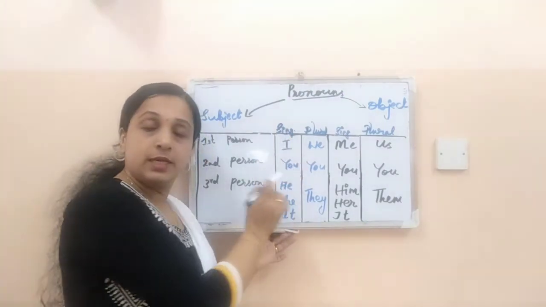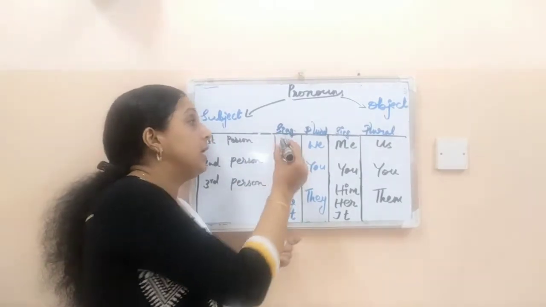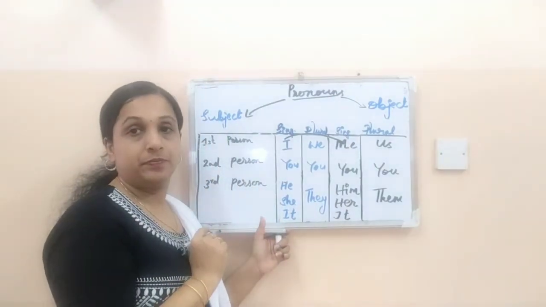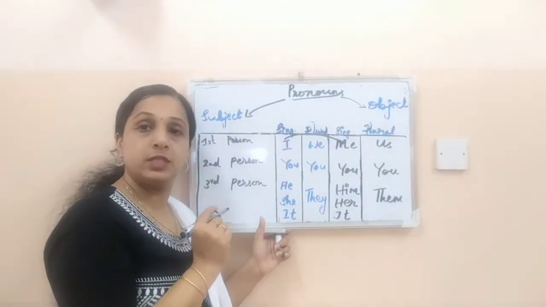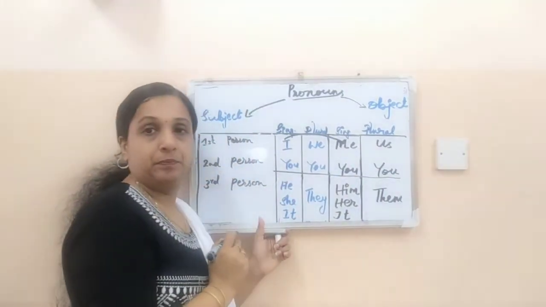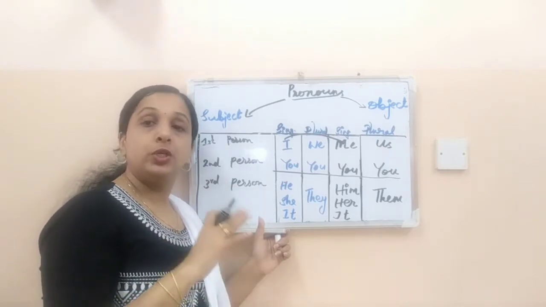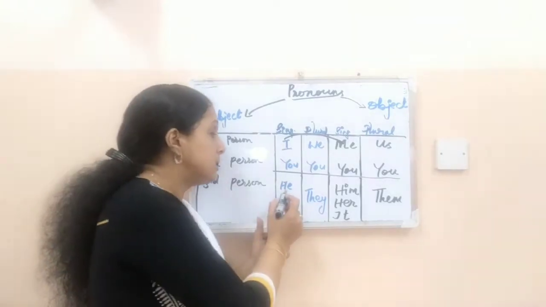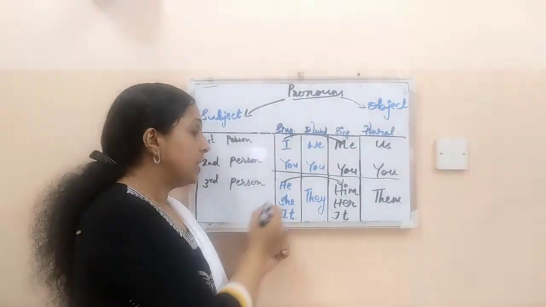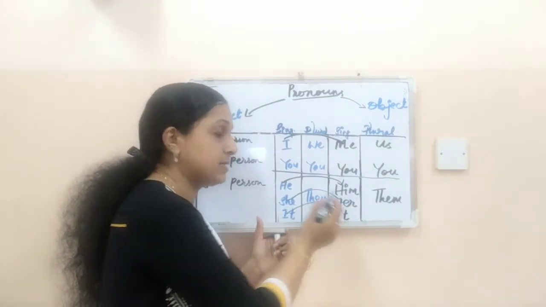I is a singular subject pronoun, then me is a singular object when we use it in a sentence. You always remains the same. If it is singular, plural, subject, object, you remains the same. See, he will become him, she, her, and it remains the same as it.